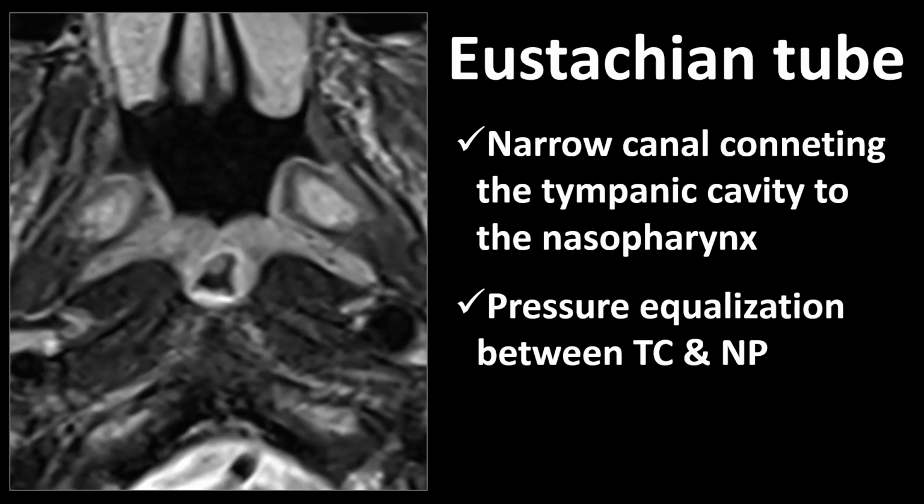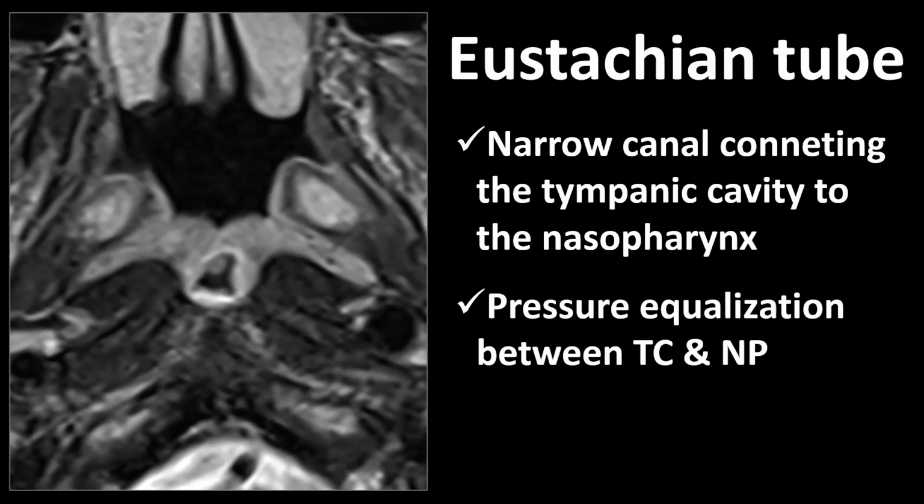When do we notice that we have a Eustachian tube? When we are in an airplane that is ascending or descending, because then we get a sudden gradient between the atmospheric pressure and the pressure in our tympanic cavity. And by swallowing, we open the Eustachian tube and the pressure equalizes.